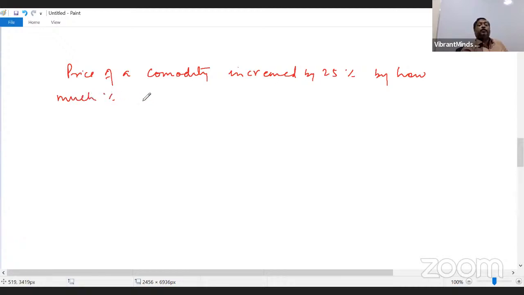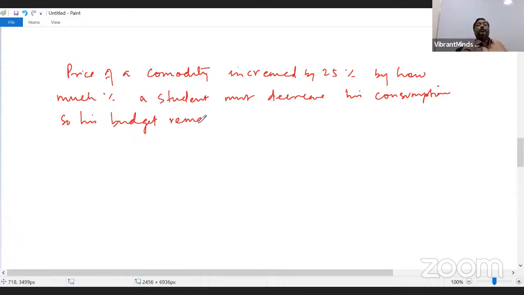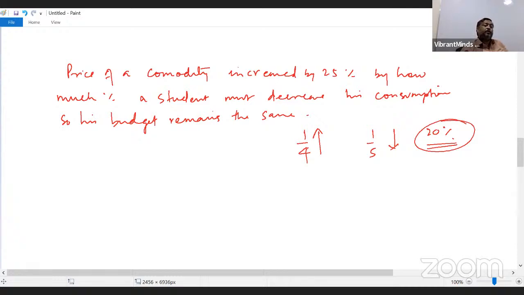By how much percent must a student decrease his consumption so his budget remains the same? 25%, you know, 1 by 4, isn't it? So an increase of 1 by 4 means a decrease of how much? 1 by 5. That is 20%. Just you will have to use this.